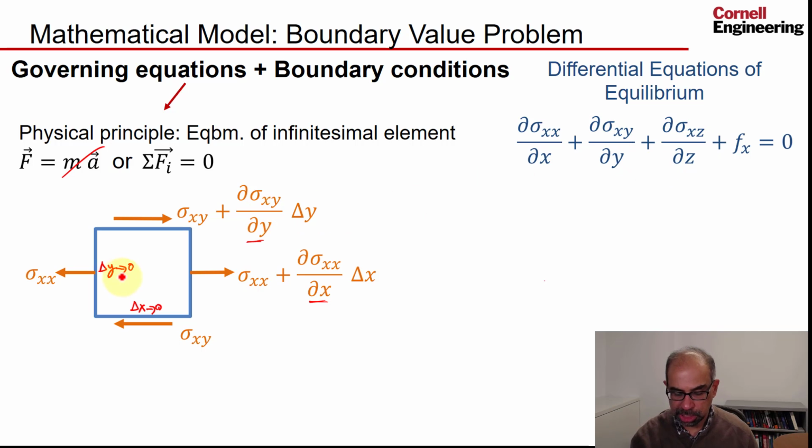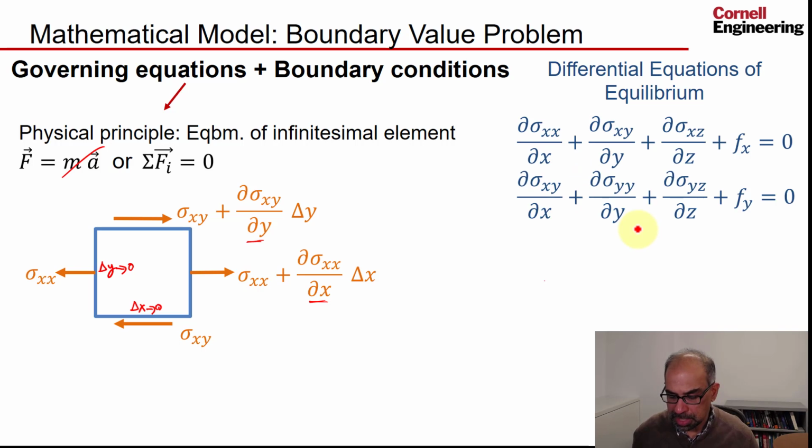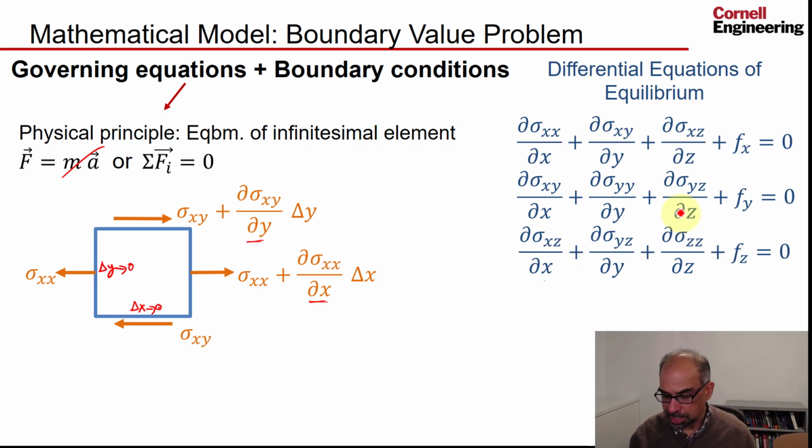That term comes from a shear acting on this face and a corresponding face at the back. And then that's a body force. And I talk about this in the big ideas in solid mechanics in more detail. And you can do a similar gymnastics in the y direction and in the z direction.